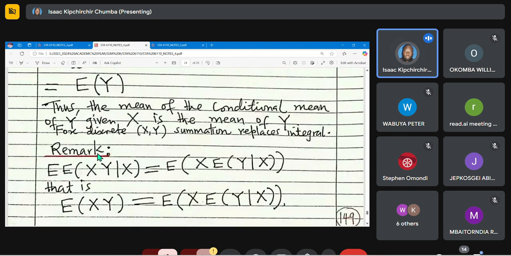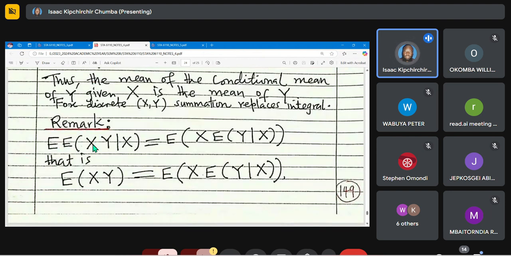So we can deduce from there that expected of xy given x is just the mixed moment, expected of xy. And because it equals this on the right hand side, the mixed moment can be expressed as expected of x times expected of y given x. Those are the two that it says.